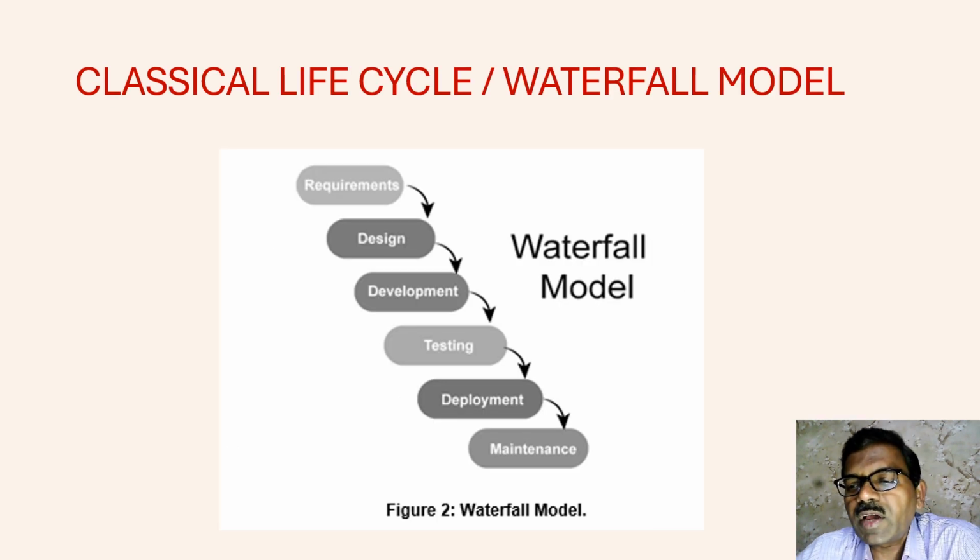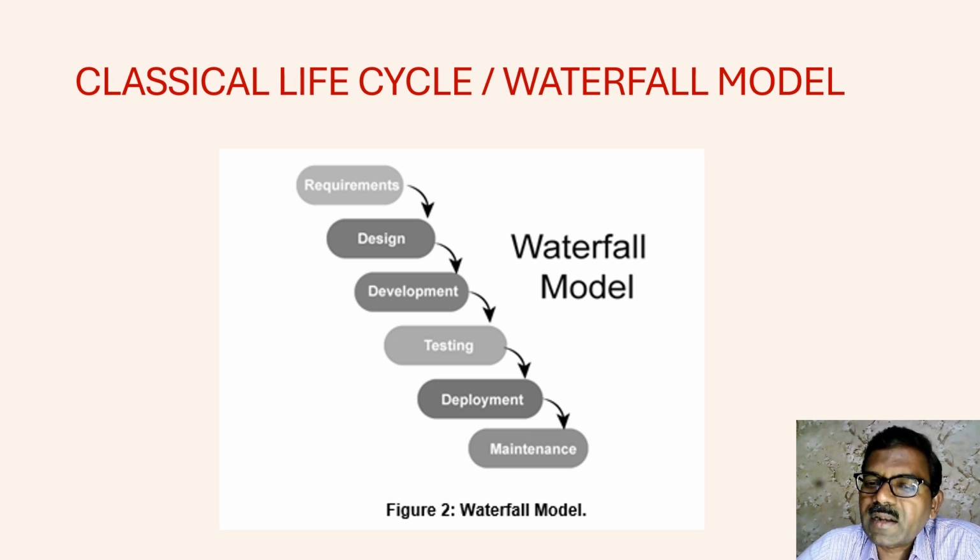The very first model we are looking at is the waterfall model. It is the classical life cycle, a very old model rather, and it was okay for less complex types of projects. What you understand from the figure is that, rather than a cycle, it is an open loop thing. It is not a closed loop.